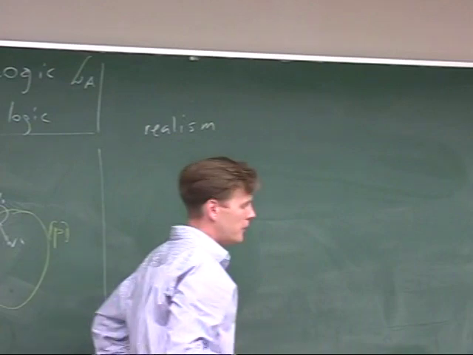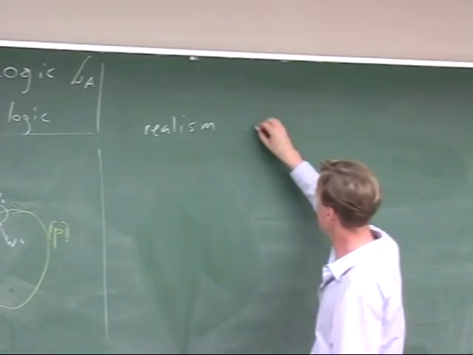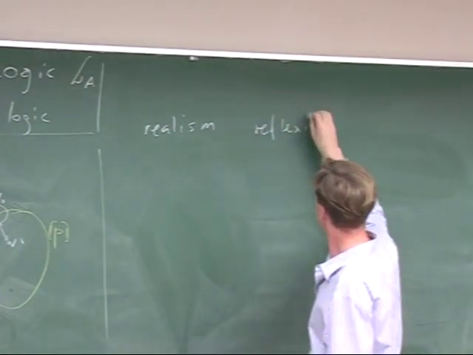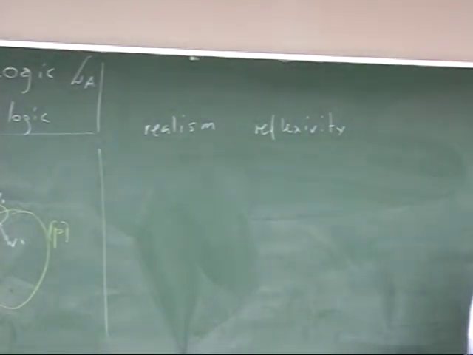I don't really have to write this down because it comes up in a table on page 27. Realism corresponds to reflexivity of the modal base. On the left-hand side here, you see the statement in terms of this set of worlds.